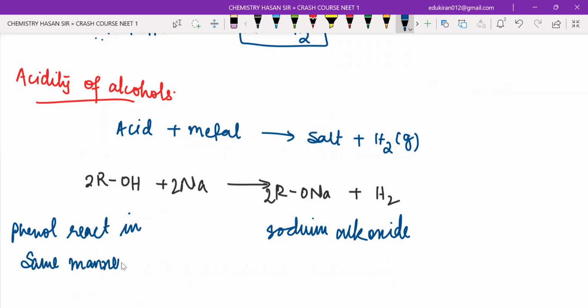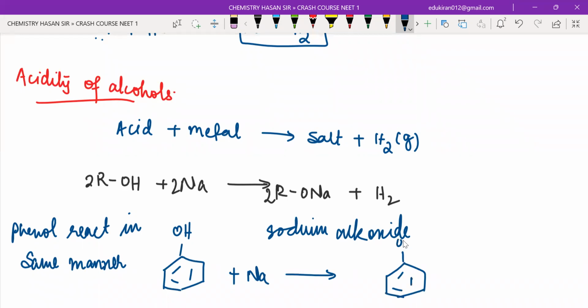Phenol also acts as an acid. So you can see this is your phenol, and if you are going to react this with sodium, what will happen here? It's very simple. H will be replaced by Na, and hydrogen gas will be evolved. This has the name sodium phenoxide.